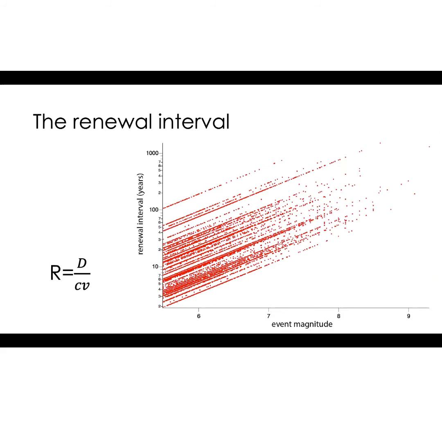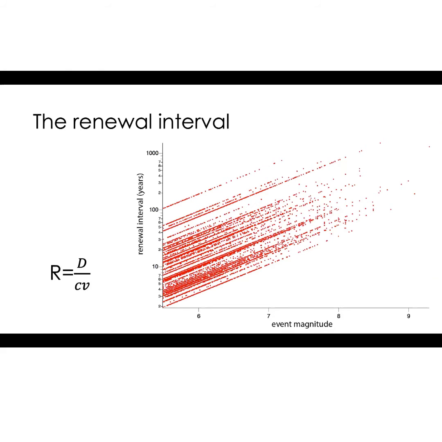The renewal interval argument comes from that moment or energy model of earthquake mechanics, which is simply that it represents the amount of time required to store the elastic potential that is released during an event of that magnitude, such that the renewal interval just equals the average slip in the event, which we get from the magnitude of the event using the Leonard 2010 scaling that's built on an assumption of conservation of energy.